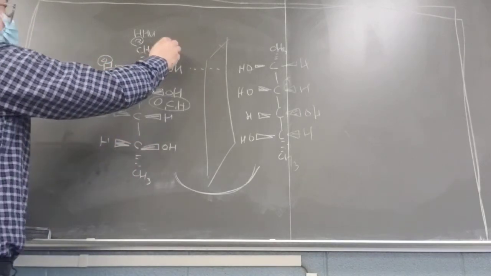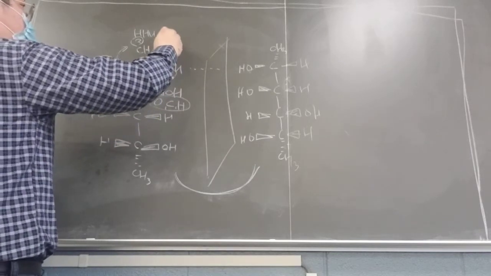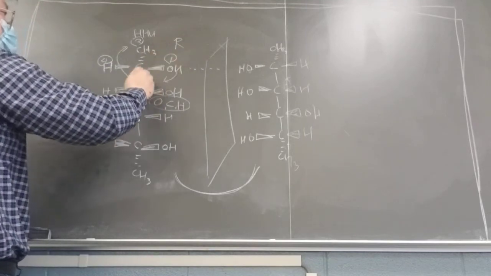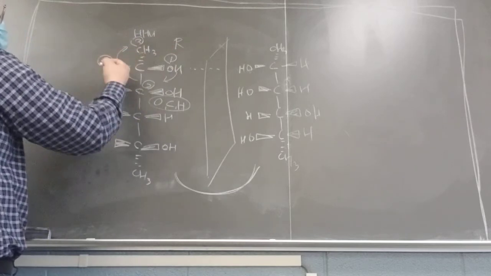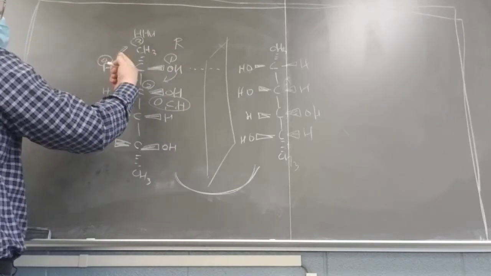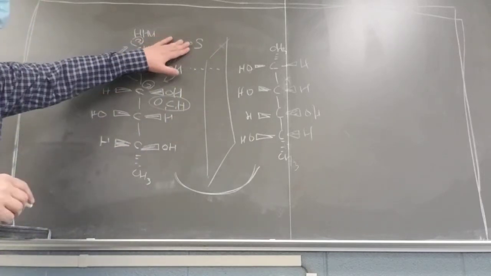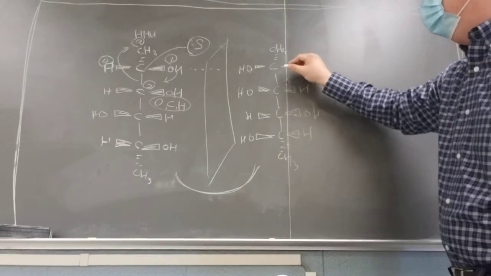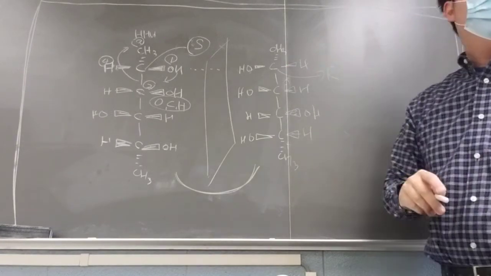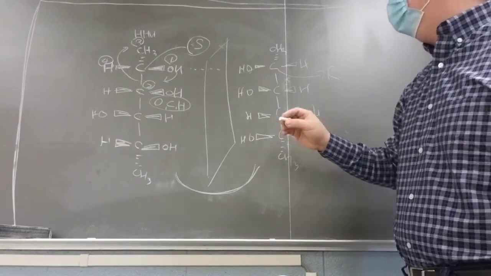So we have this way of rotation right now, 1, 2, 3. So this is actually R, right? 1, 2, 3, if you go clockwise, it's R. But because this is sticking up front, you have to look at it from the other side, so it turns to S actually. So if you have an S configuration at this chiral center, when you do the mirror image, it's automatically R. You don't even need to do it.